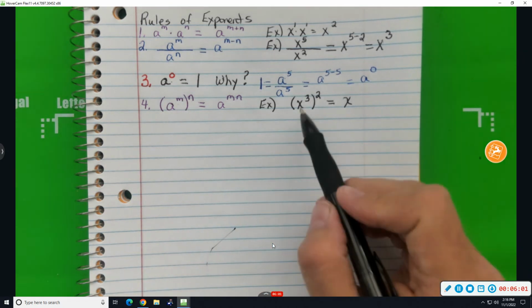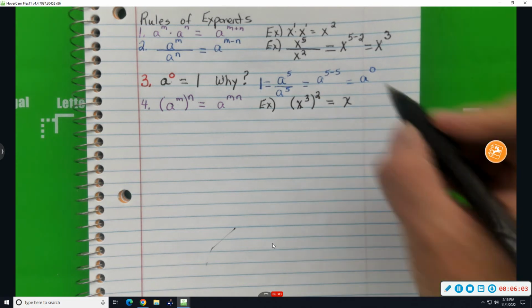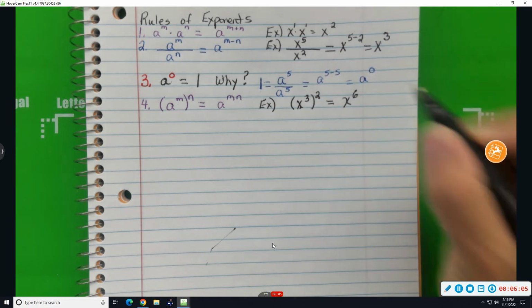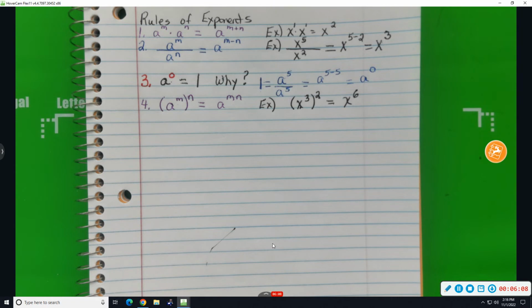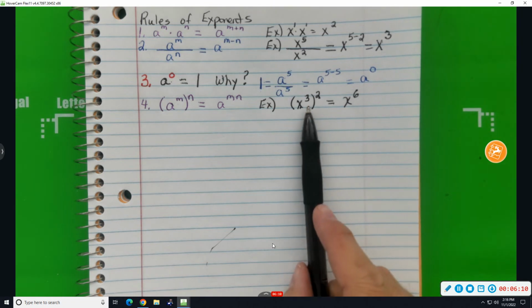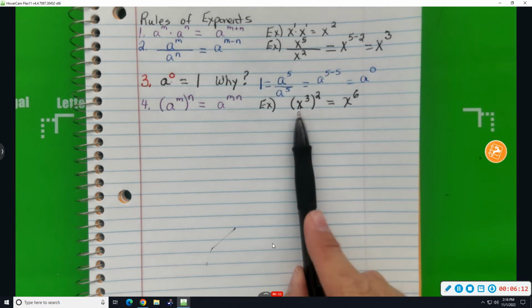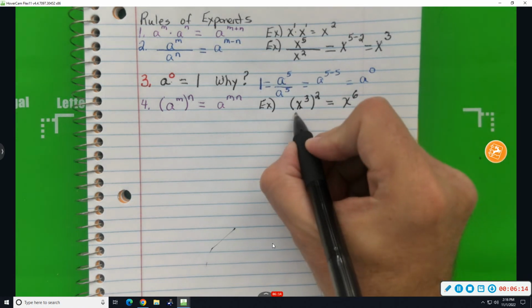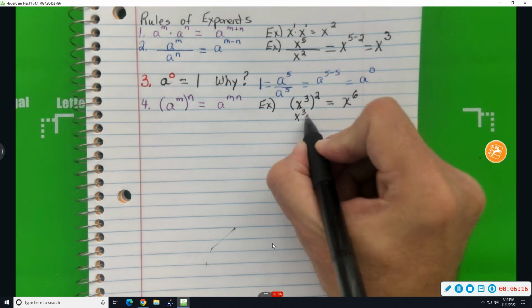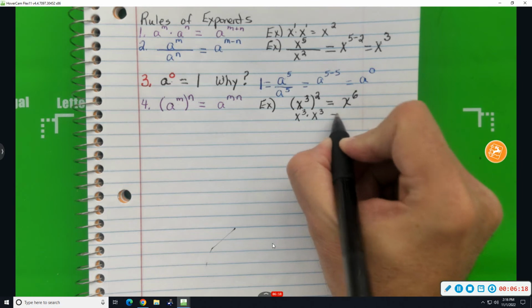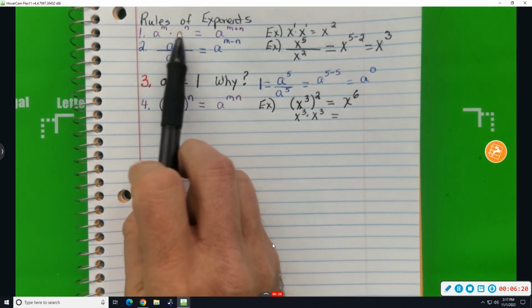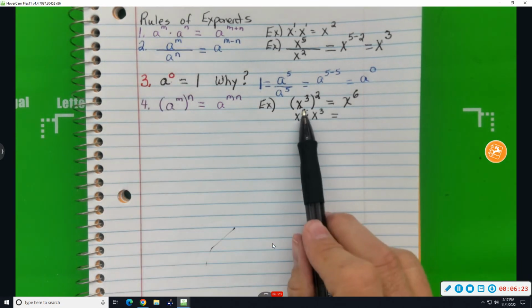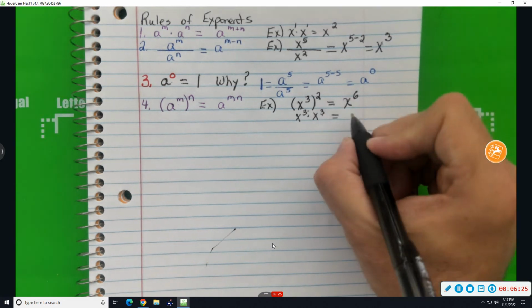So x to the third squared would be x to the sixth. And you could convince yourself of that by thinking of this as x cubed times x cubed. And then using Rule 1, you would add the exponents and still get x to the sixth.